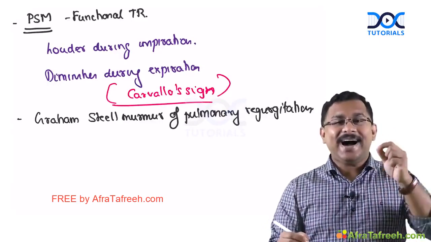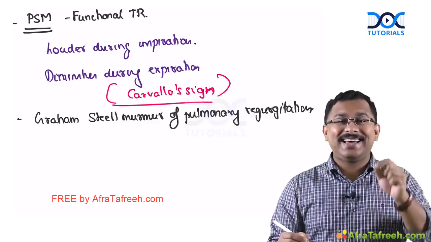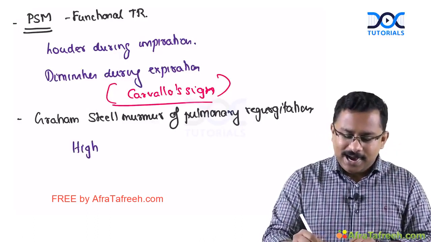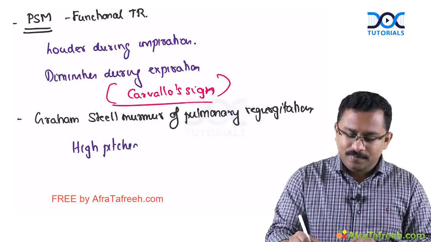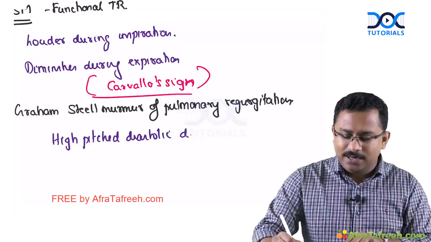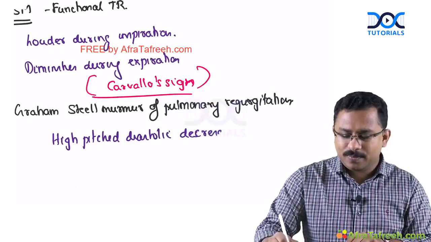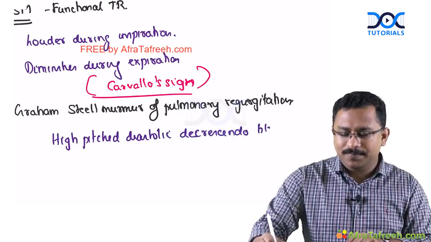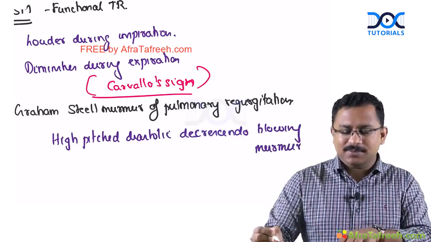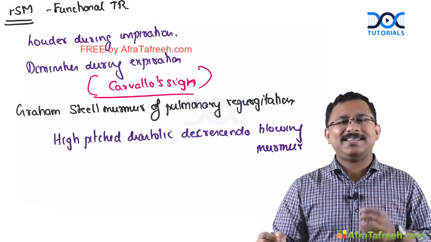It is a high-pitched diastolic decrescendo blowing murmur. That is the Graham-Steell murmur of pulmonary regurgitation.